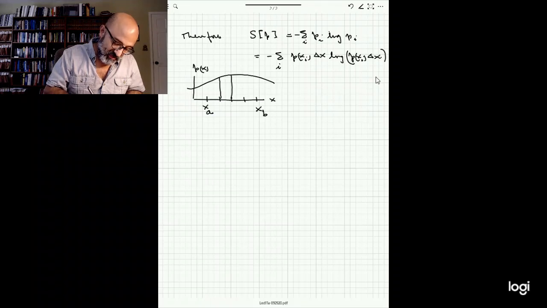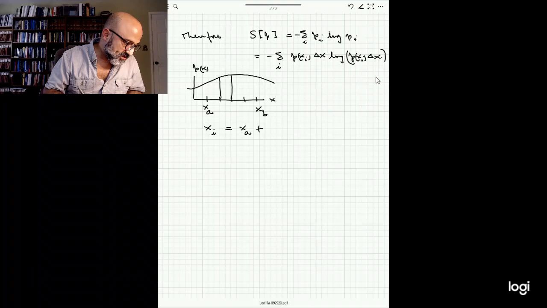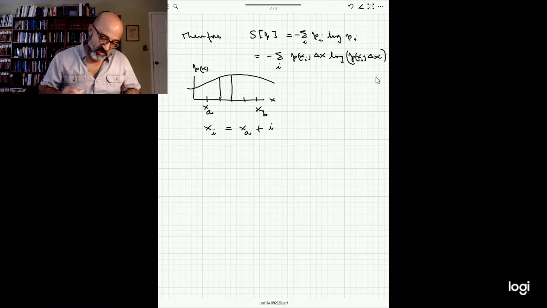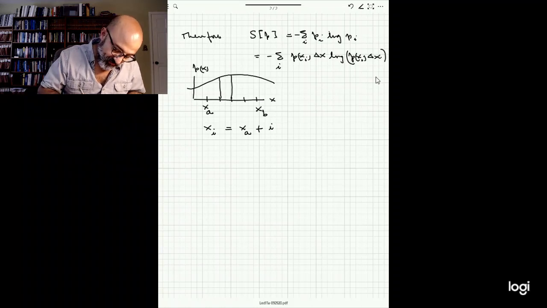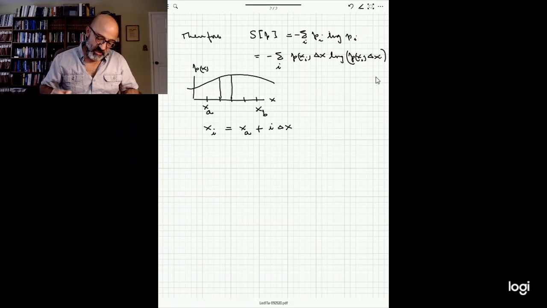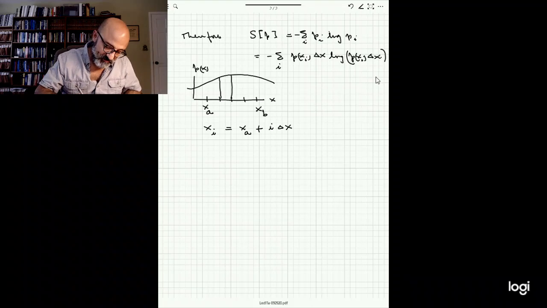Then we can write the xi as being xa plus a certain number i of delta x's. So this is an integer. I should have called it n. In the lecture notes, I have it written as n.